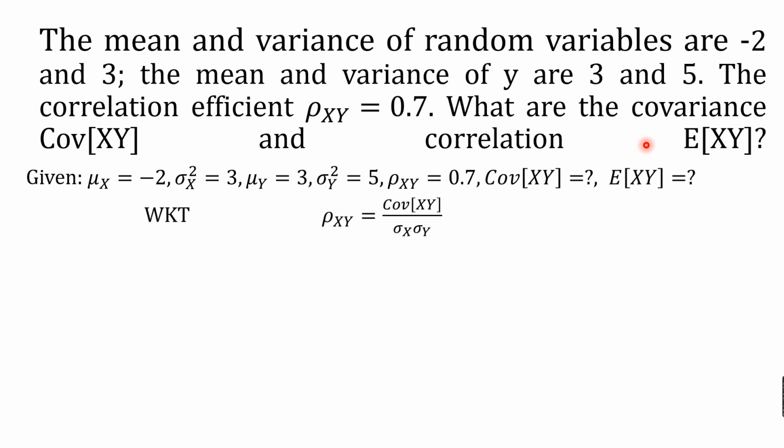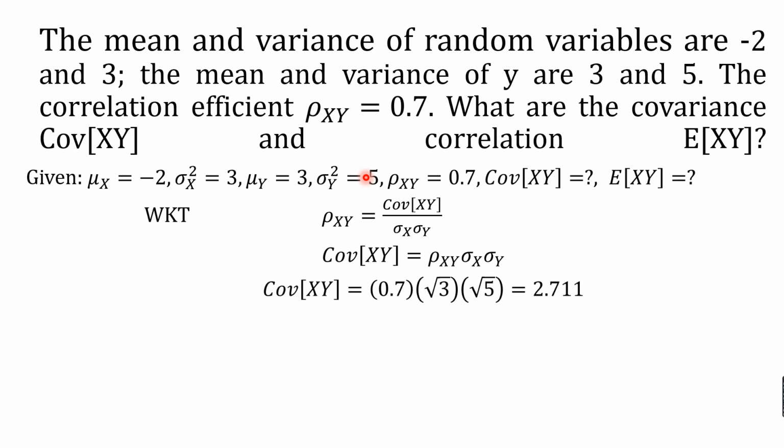Use this formula. Let us calculate the covariance. All are given data here. So it is 0.7, square root of 3, and square root of 5. So after simplification, it is 2.711.